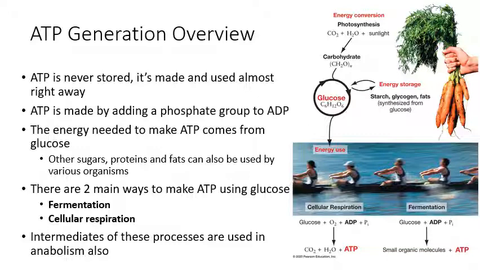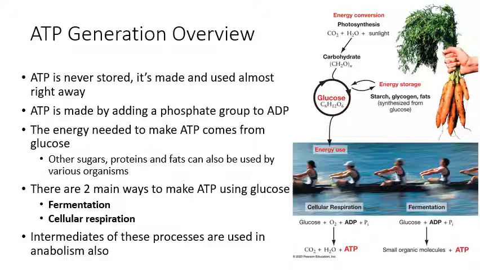You can store glucose. When you're storing glucose, you would actually store it as either starch or glycogen, but you can't store ATP. In order to make ATP, you always have to add a phosphate group to ADP. So you're always starting with ADP that has 2 phosphates on it and adding one more phosphate group to get ATP, which has 3 phosphates.